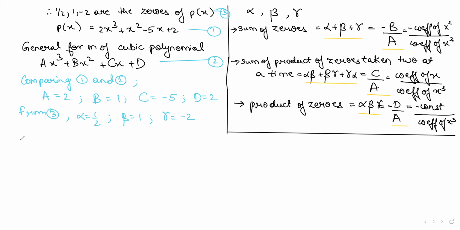Now let's consider equation 1. Equation 1, LHS is equal to alpha plus beta plus gamma. Let's substitute the values of alpha, beta, and gamma. So it is 1 by 2 plus 1 minus 2, which is 3 by 2 minus 2, which should be equal to minus 1 by 2. Now if you observe minus 1 by 2, your answer should be equal to minus b upon a.